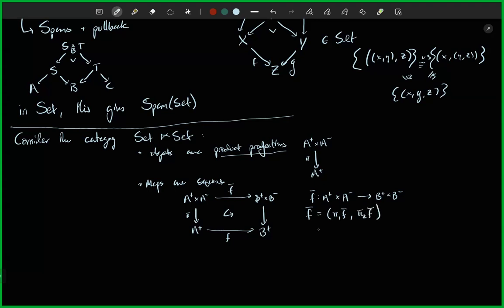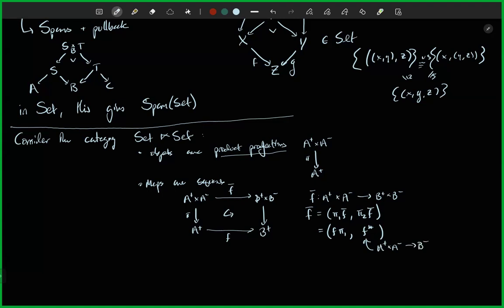So the first projection, by the commutativity of the square, is F after the first projection onto A plus. The second one I'm going to define to be F sharp. And we note that this one goes from A plus times A minus to B minus.